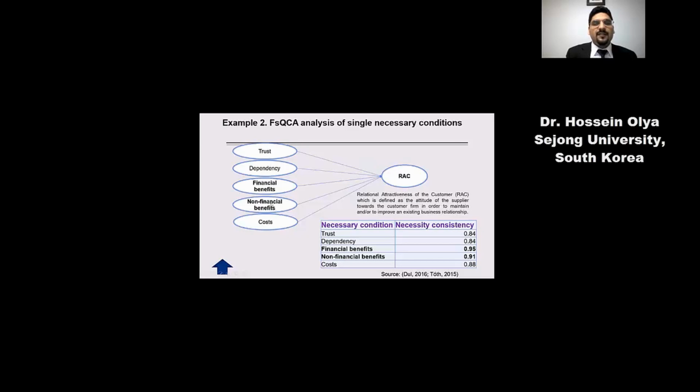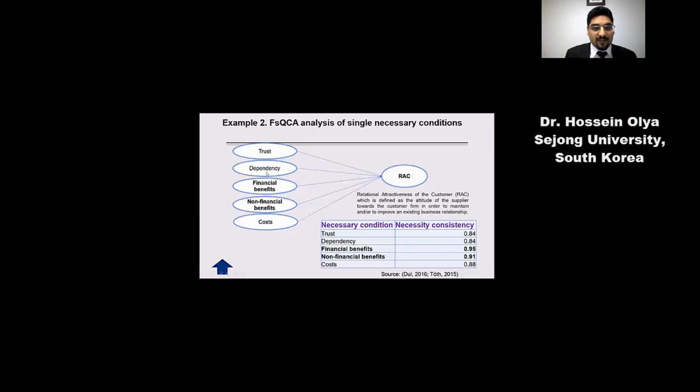They run necessary condition analysis and they come up with two necessary conditions, which are financial benefits and non-financial benefits. Why? Because the consistency level is more than 0.9. So you see, although these factors are important, maybe they are sufficient to reach relational attractiveness of the customer, they are not necessary. Trust is not necessary.